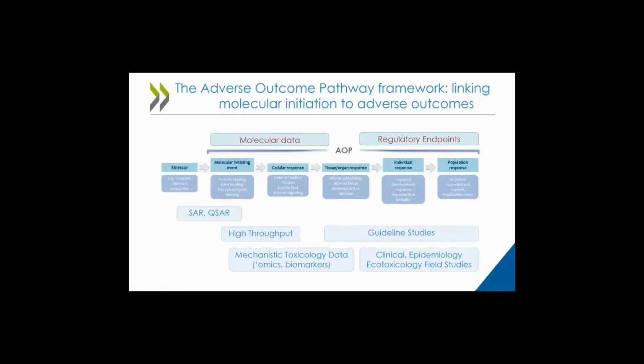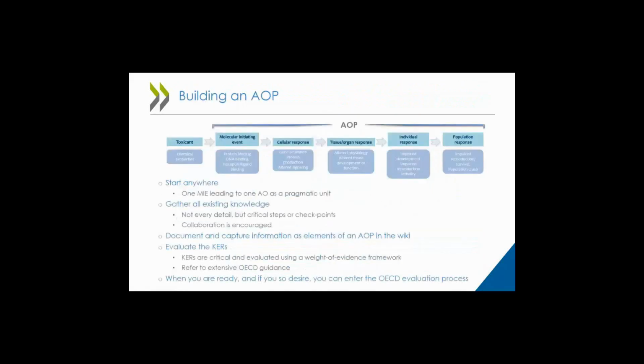So say you'd like to start building an AOP, which would be great if you would. How do you begin? Well, you can start anywhere. You can start at the molecular initiating event, you can start at the adverse outcome, or you can start in the middle and build towards one of these anchors.